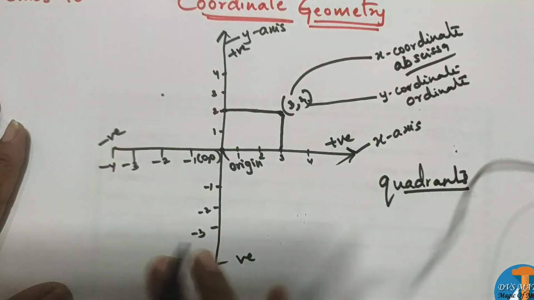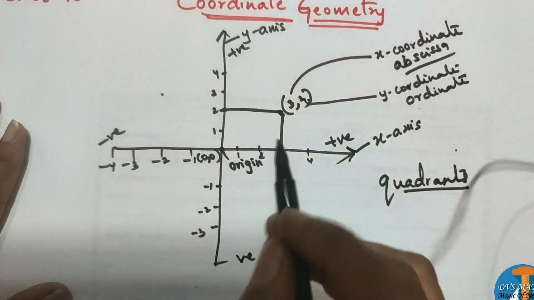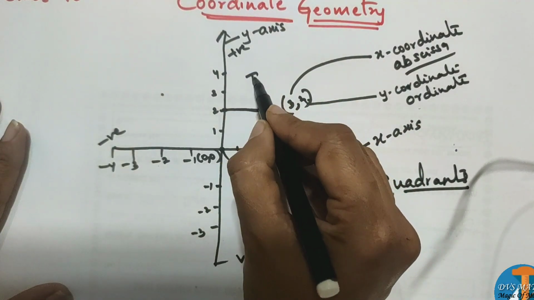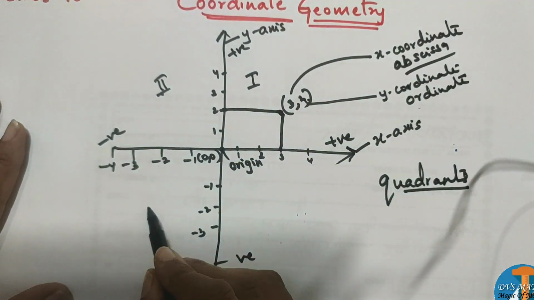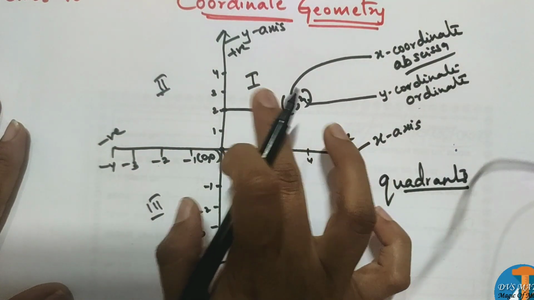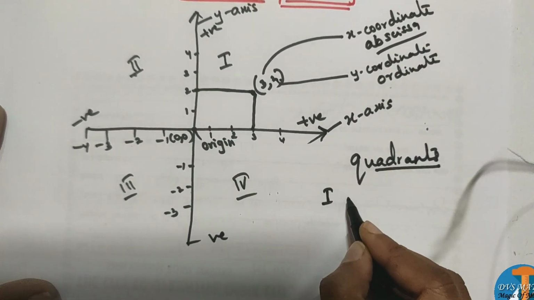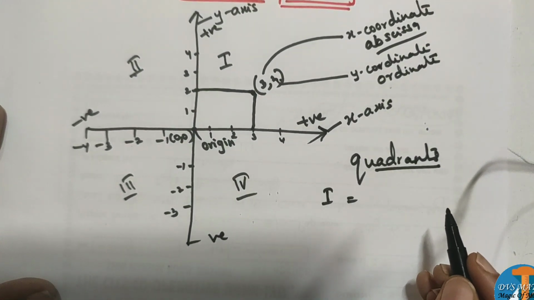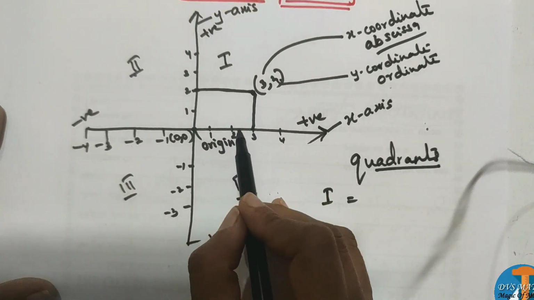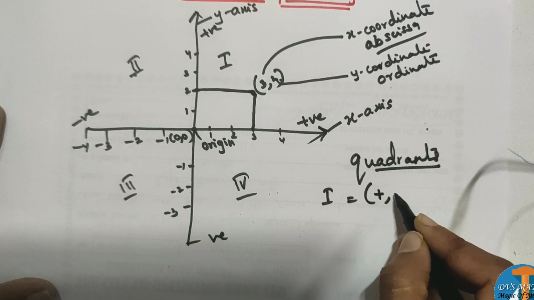Related to quadrants, how many quadrants do we have? 4 quadrants: first quadrant, second quadrant, third quadrant, fourth quadrant. We'll start from here: first, second, third, fourth. If we consider only the first quadrant, what will be the sign? Both are positive, right? x is positive, y is positive, so the first quadrant is plus, plus.